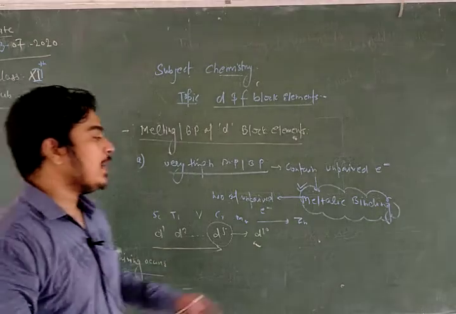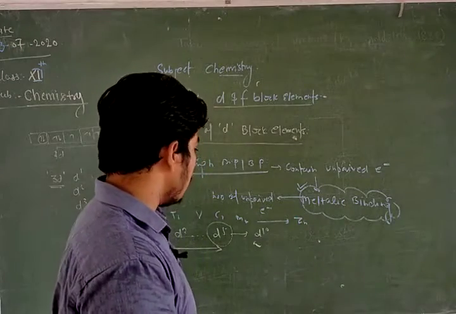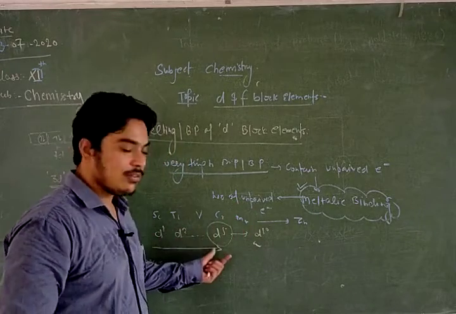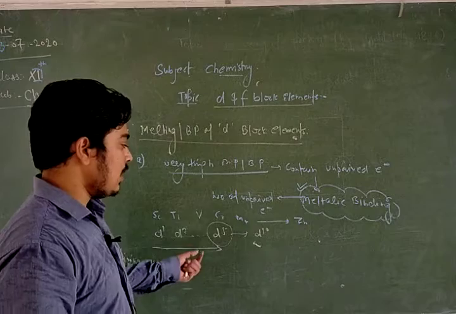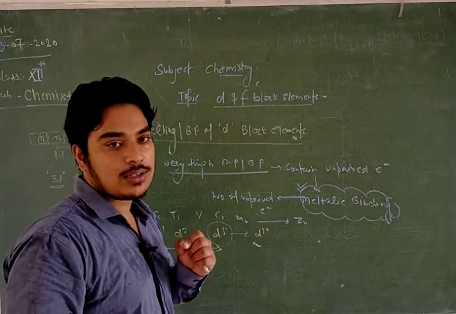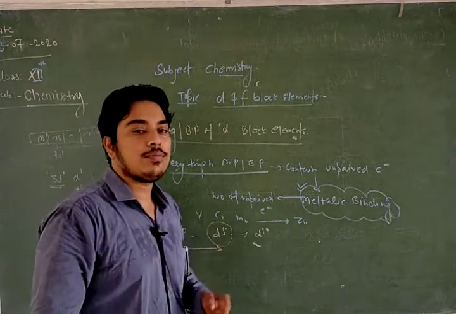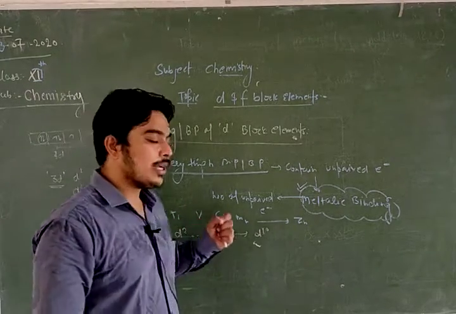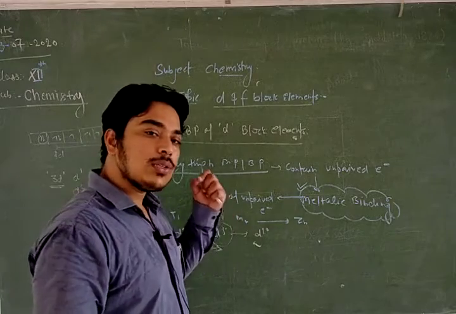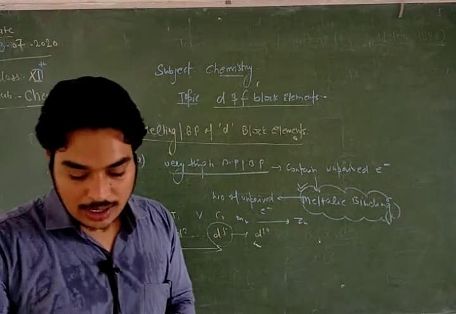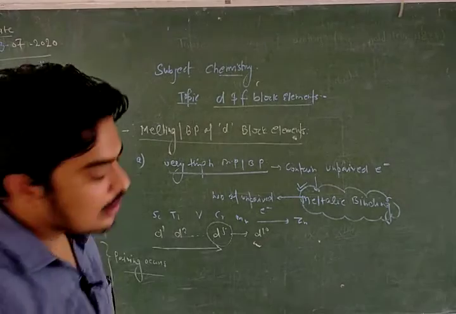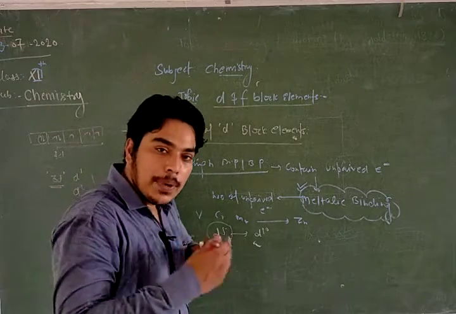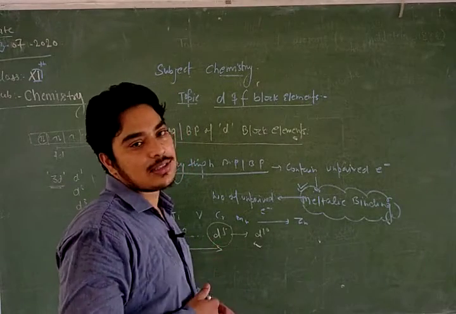Means if metallic bonding depends on the number of unpaired electrons, then till D5 in the mid of the 3D series, till chromium, the metallic bonding is going to increase. So at the start of the 3D series, from left to right, melting point and boiling point increases.